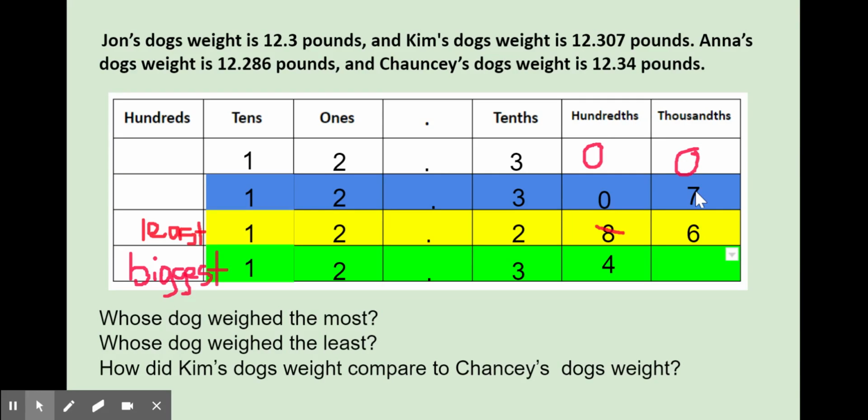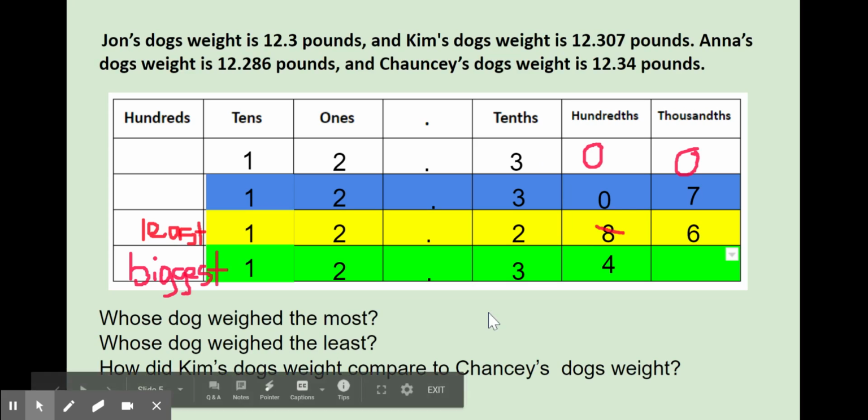We have 0 and 7. 7 is bigger than 0, so this would be the next biggest number. 12 and 307 thousandths is the next biggest number. And then we have 12 and 3 tenths, or 300 thousandths, however you want to say it.